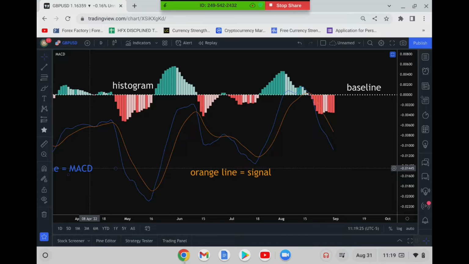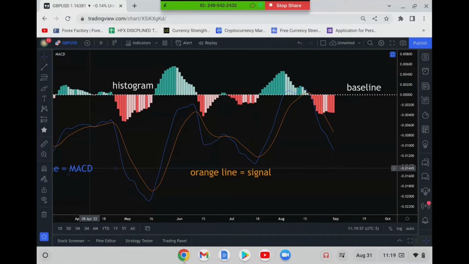Then we have our orange signal line. Our orange signal line is going to act something like a moving average for our MACD, right? So if you guys remember our training on moving averages, if MACD is our price, when price is above the moving average, we are going to be looking for buys. And when price is below the moving average, we are going to be looking for sells.